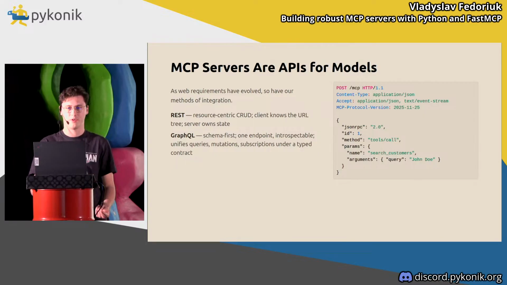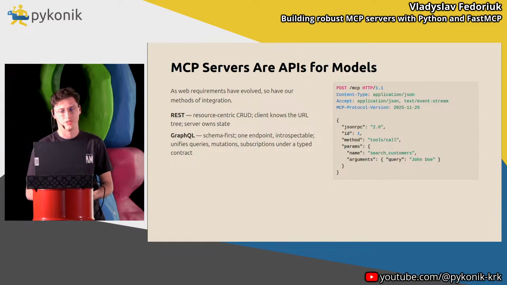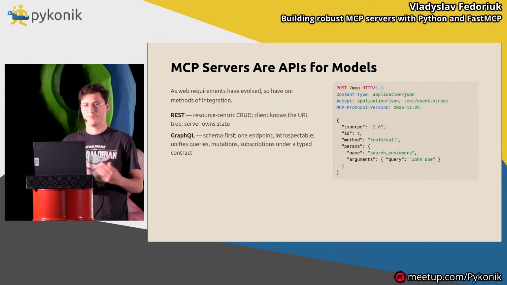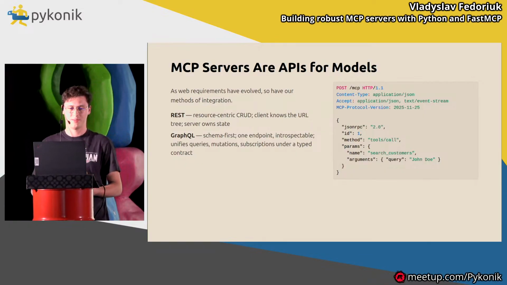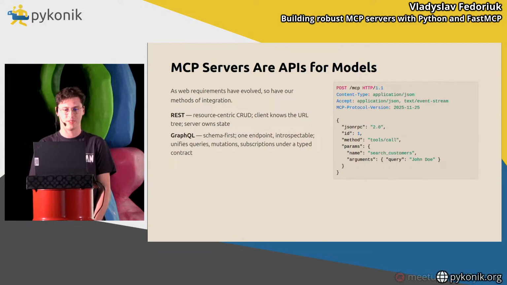It has one endpoint which is introspectable. It introduced some more primitives and concepts such as queries, mutations, subscriptions. Basically, what people wanted from it is some end-to-end type safety from server back to client and back and forth.